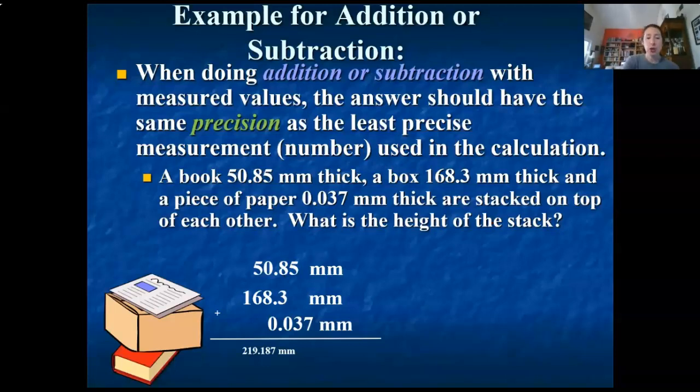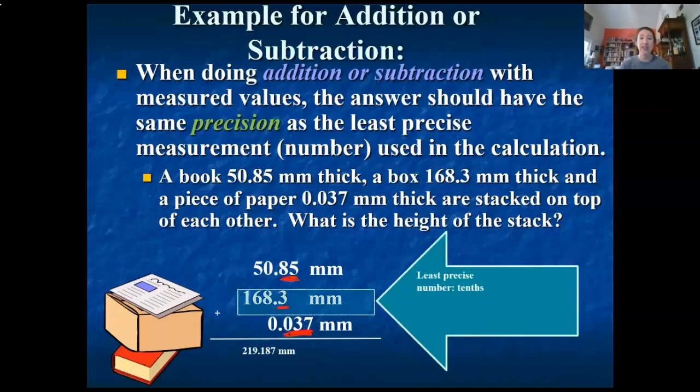You see how this one has 2 numbers past the decimal? This number has 1 number past the decimal. This one has 3 numbers past the decimal, right? The least precise is the one with the least numbers after the decimal. So this only has 1 number past the decimal.